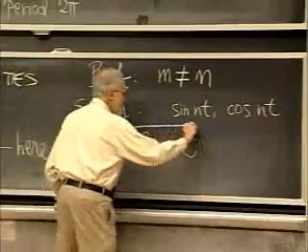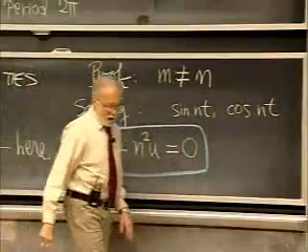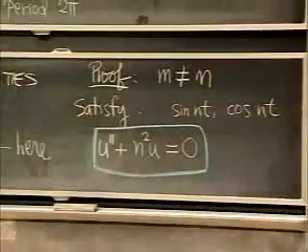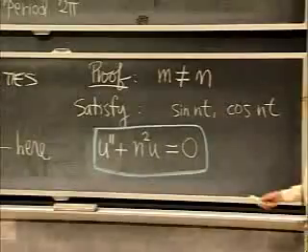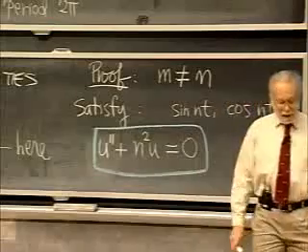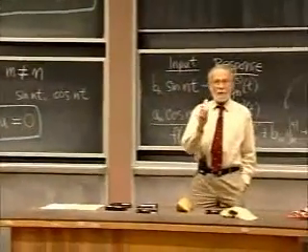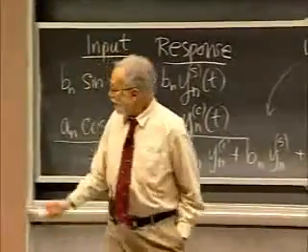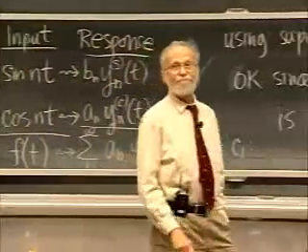What these functions have in common is that they satisfy a differential equation that looks like that, and the only thing allowed to vary is the frequency, which is in this coefficient of u. Now, the remarkable thing is that's all you need to know. The fact that they satisfy that differential equation, that's all you need to know to prove the orthogonality relations.